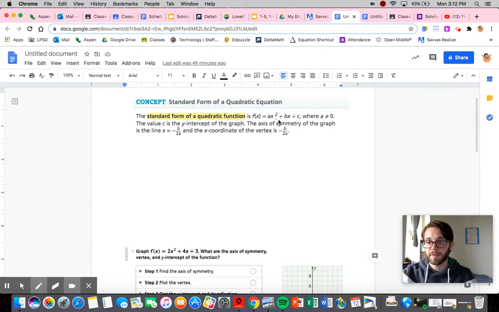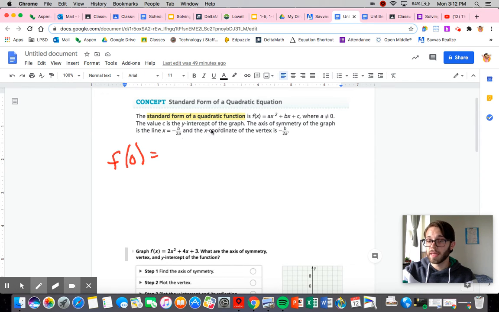So there's a couple pieces of information that we can obtain just from looking at this immediately without doing a whole lot of work. We can see that if I plugged in f of 0, the value of c is the y-intercept of the graph.